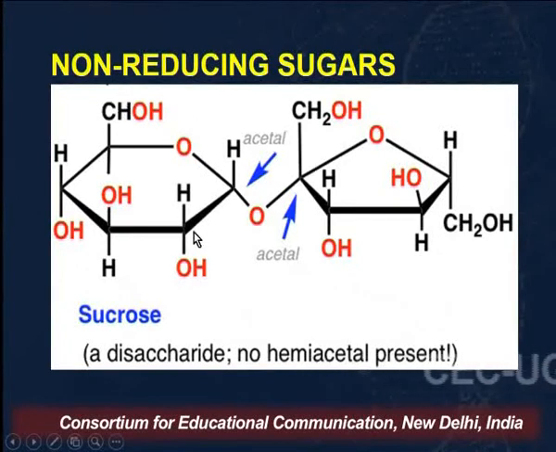Now, when we talk of sucrose again, the anomeric carbon is involved in acetal linkage, and therefore it will not give you a positive test with Tollens' or Fehling's.